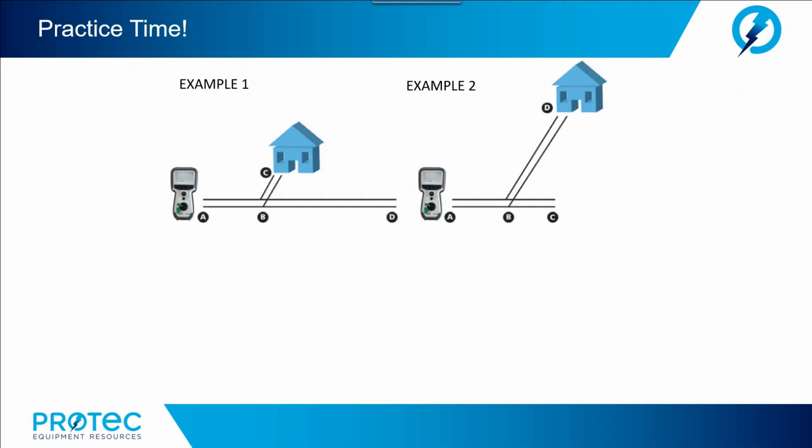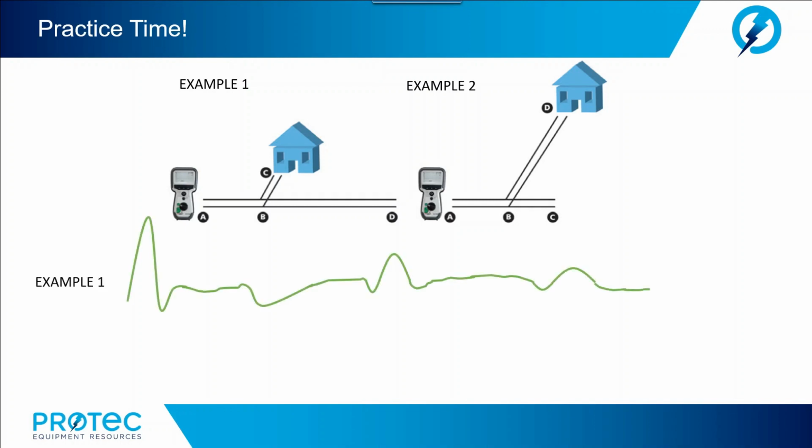Now, the waveform generated, for example, from example 1, would show multiple locations of impedance mismatches or events that are occurring along the transmission path. Here, at point A, we would see the incident energy or the pulse entering into the circuit from the time domain reflectometer.